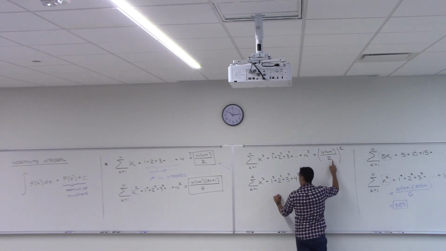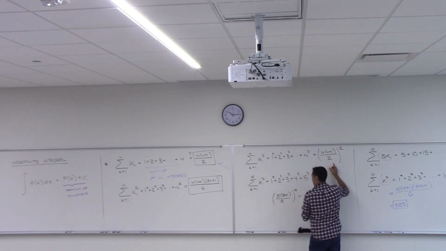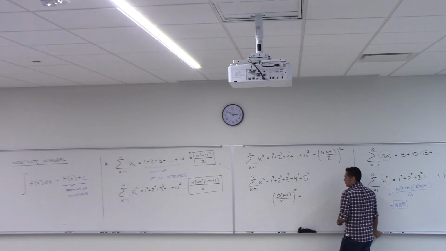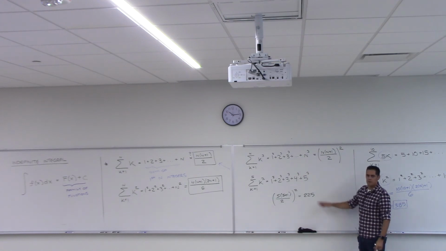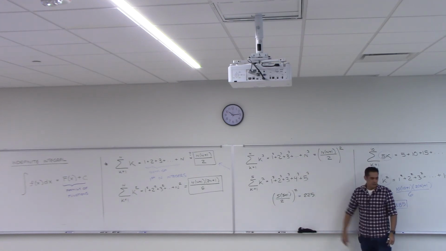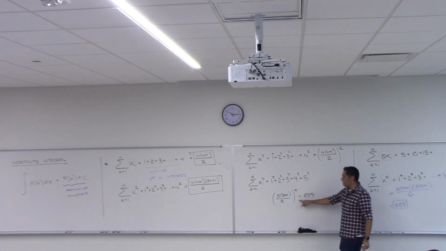So if I use that, I'm going to get 5 times 5 plus 1 over 2, but that's squared. What is that? 225? Yes. 225. Y'all get 225, adding them all up? Yes. The formula gets that as well.